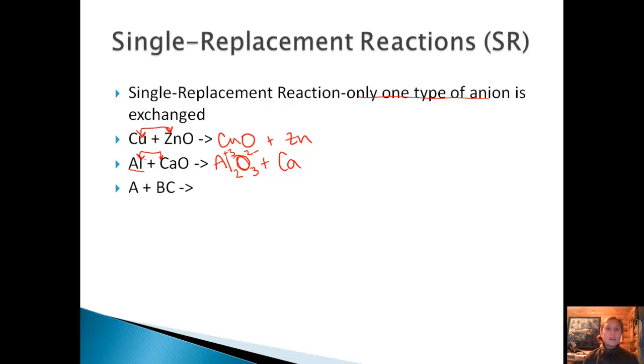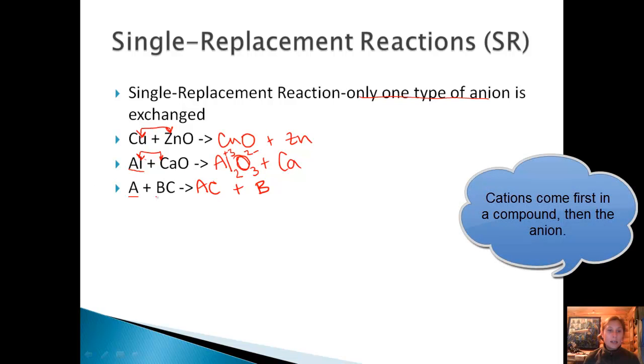And so single replacements tend to follow the general form A plus BC goes to AC plus B. Now, can B go first and then AC come second? Absolutely. You don't have to have your single element by itself first and then the compound. They can switch orders, but those two species should be present as reactants, and then AC and B present as products.